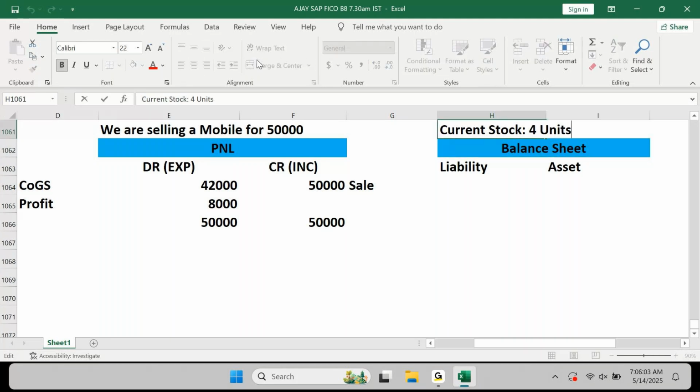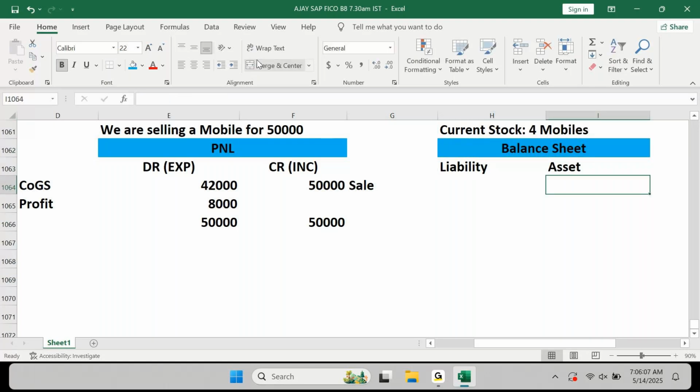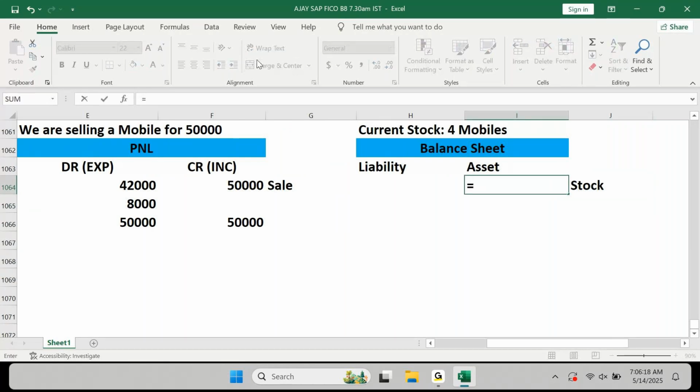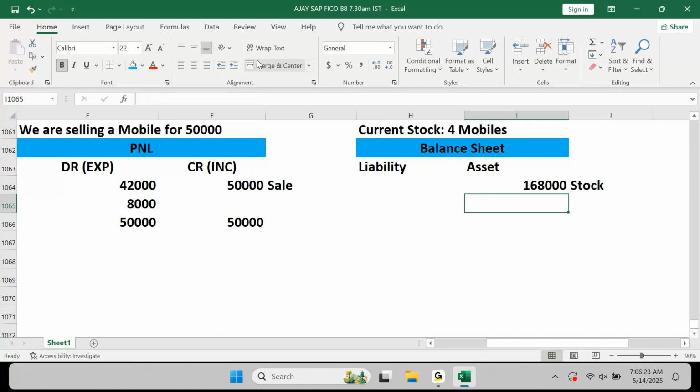Now in the asset, if I write my stock, here I will be writing in simple 4 mobiles multiplied by my cost 42,000. This is what is currently sitting in my balance sheet. Agree?